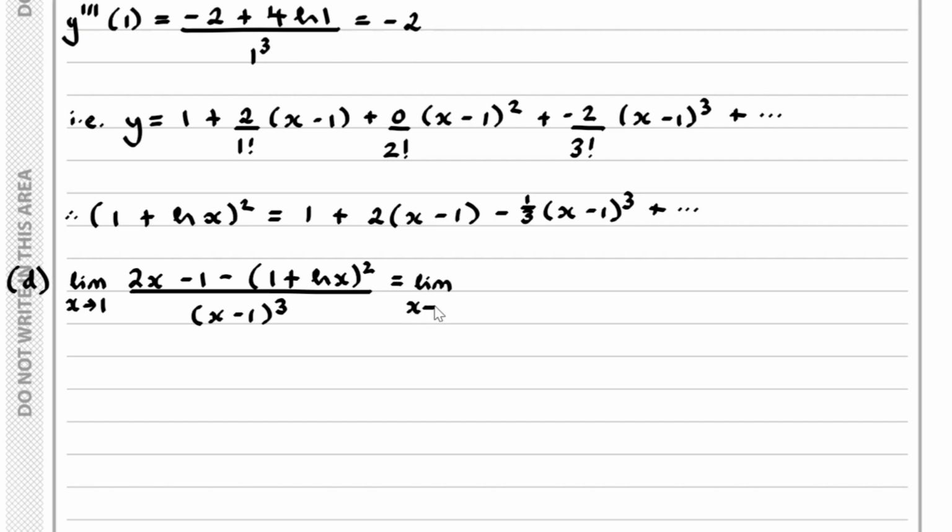So we've got the limit as x tends towards 1 of 2x minus 1 minus, and then we subtract this result here.